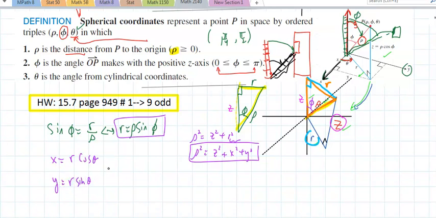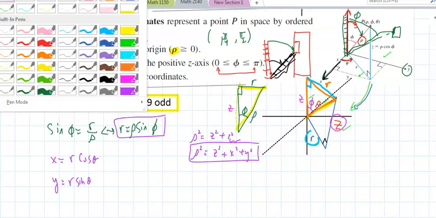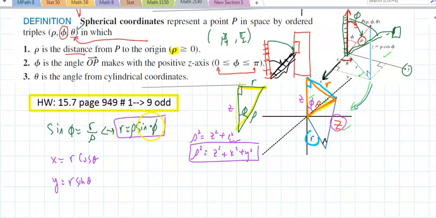I know that from x and y and r. But now that I know what r is, I know that x is rho sine of phi times the cosine of theta, and y is rho times the sine of phi sine of theta.